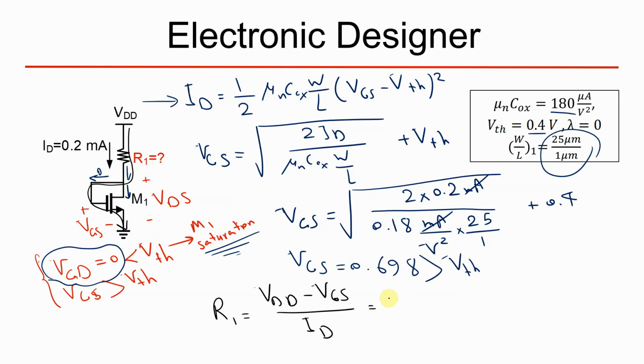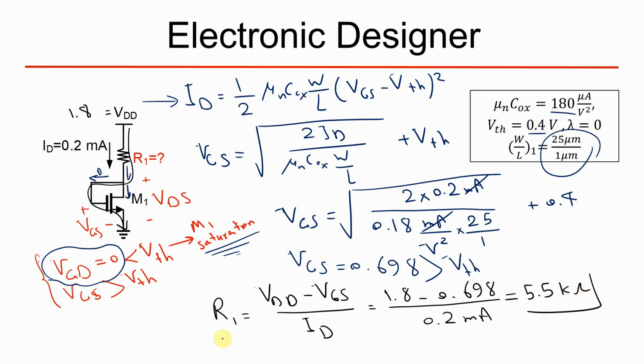I forgot to mention that VDD equals 1.8, minus 0.698, divided by I drain, which is 0.2 milliamp. So this is about 5.5 kilo ohm for this resistor. This is the value for R1.